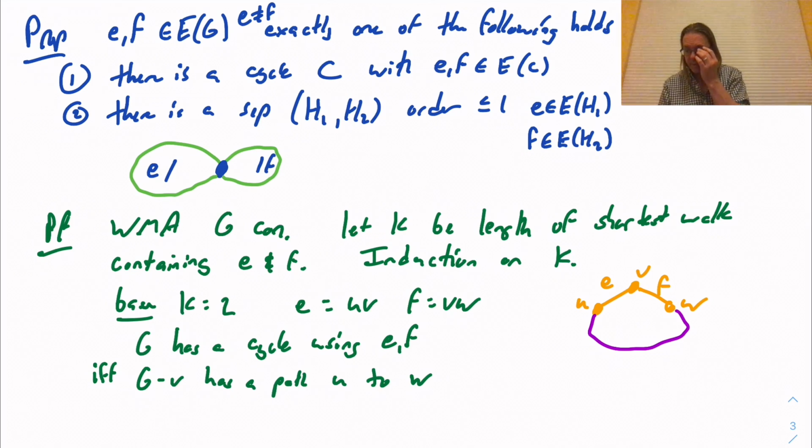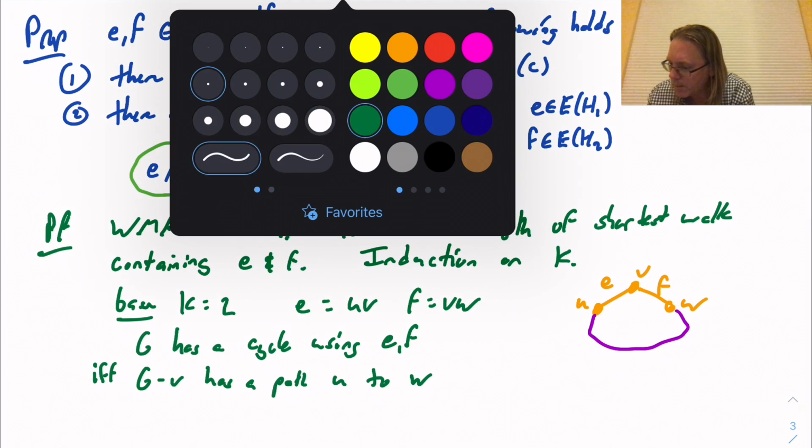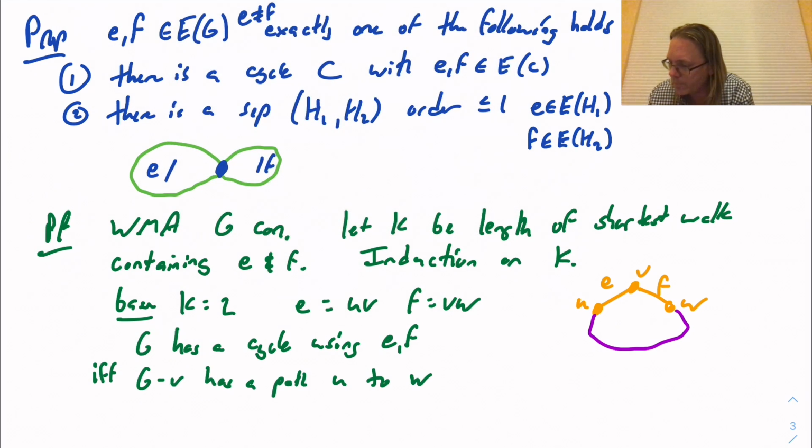So what's going to happen here is, well, if G delete V does not have a path from U to W, that means that U and W are in, so let's do both sides here. Maybe let me draw more pictures.